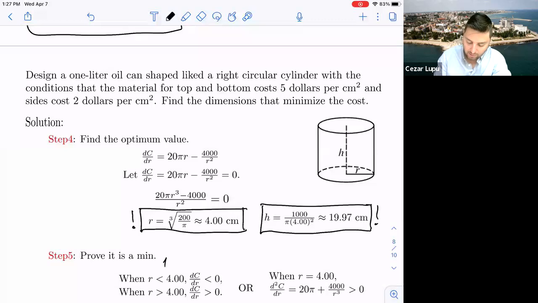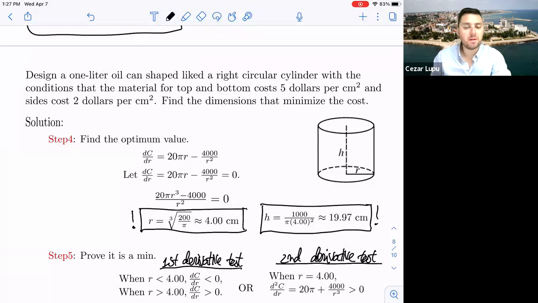Again, you can use the second derivative test if you want. You take the second derivative of the function, and then you plug in the value 4.00. If it's positive, then it's a minimum.